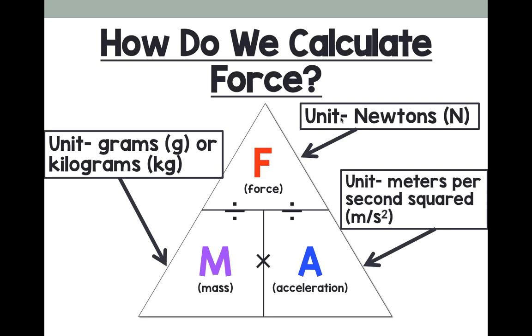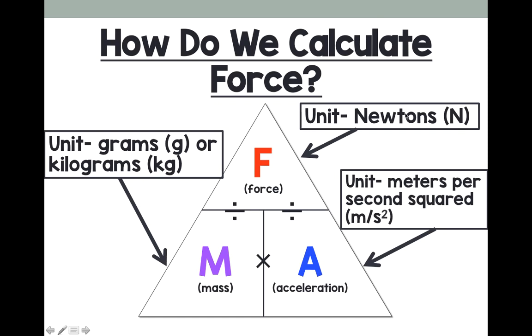And then we've talked about acceleration in our last lesson. Acceleration is how fast an object is going in a certain amount of time, and as you can remember, the unit is meters per second squared. Sometimes it can be kilometers, but for this example, we're going to keep it to meters per second squared for acceleration.